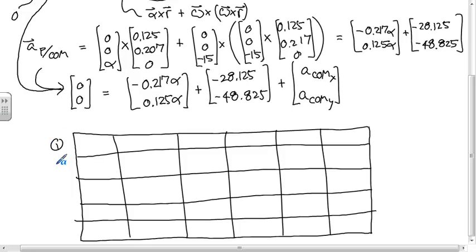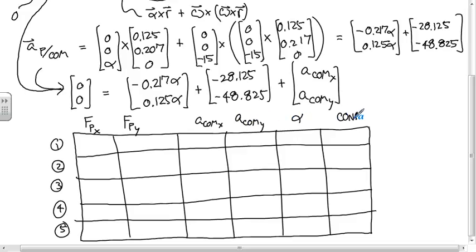Here's equation 1, 2, 3, 4, 5. This is FPX, FPY, ACOMX, ACOMY, alpha, and the constant.